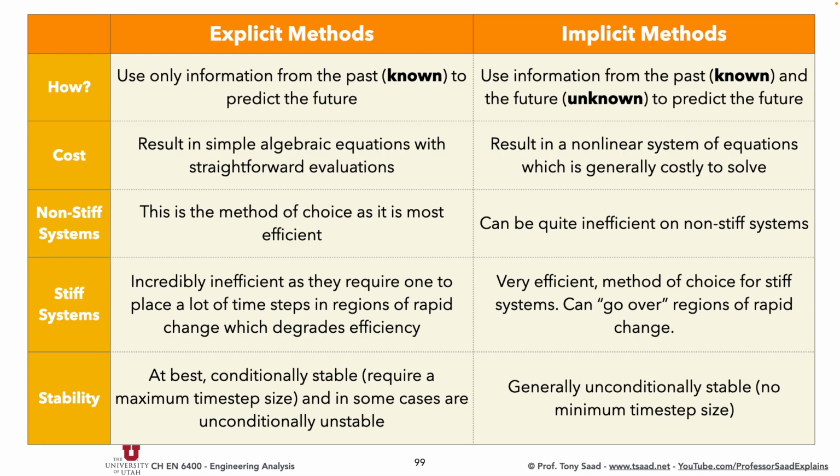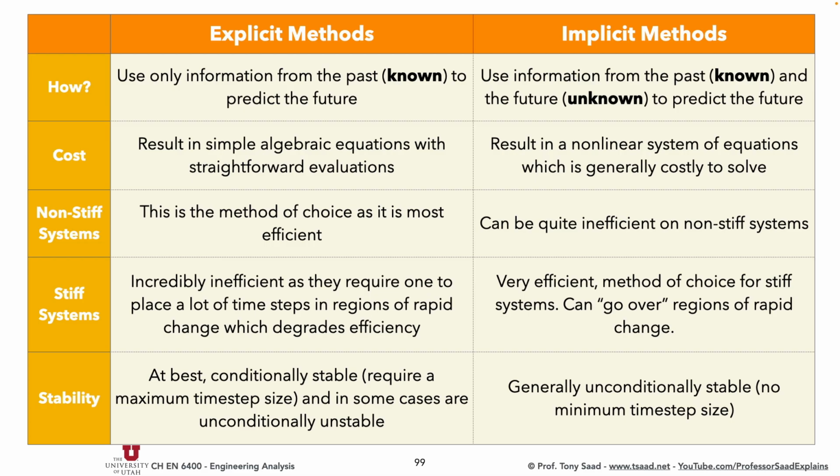There was no separation between them. For non-stiff systems, you don't use implicit methods. There's no need for it, because they're going to be more costly. You're solving nonlinear systems of equations, whereas you can solve much more cheaply and get the same accuracy.